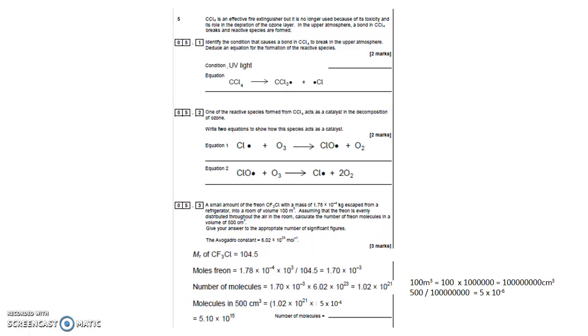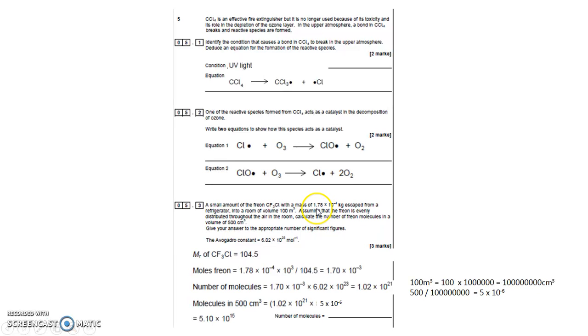How do I know about significant figures? What do I do? Well, when I'm looking at numbers here, I've got 1.78 times 10 to the minus 4. I forget about the 10 to the minus 4 when I'm looking at significant figures. I just look at this number here, 1.78. I've got 3 significant figures there, a 1, a 7 and an 8.